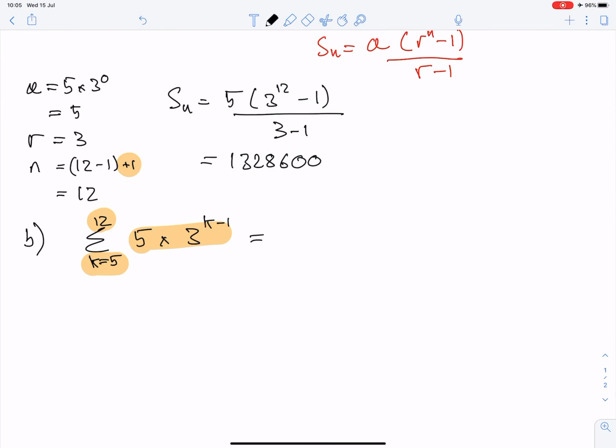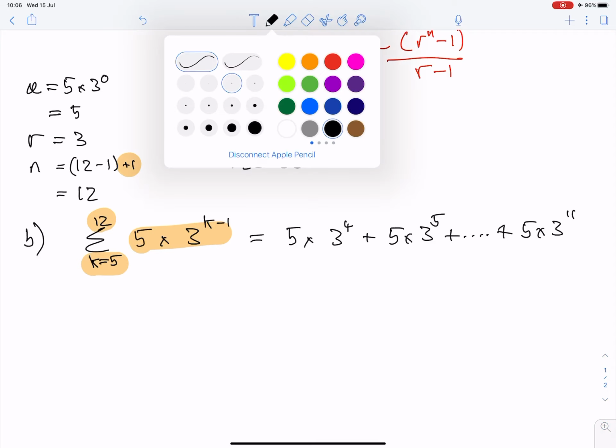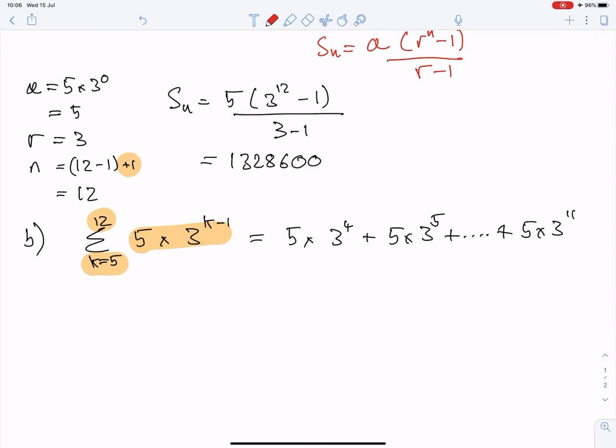So we've got 5 times 3 to the 4 plus 5 times 3 to the 5 plus up to 5 times 3 to the 11. So go through, we recognise it as a GP, times by 3, etc.